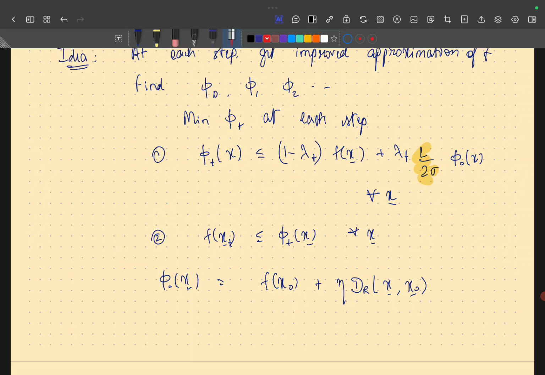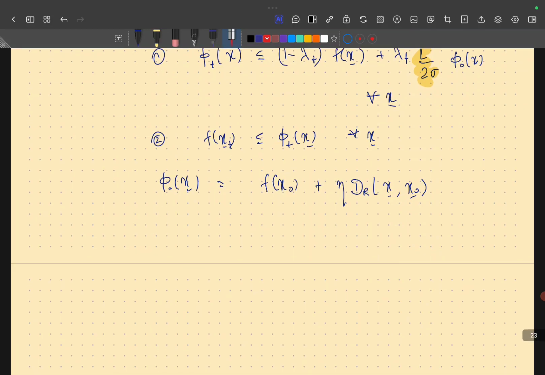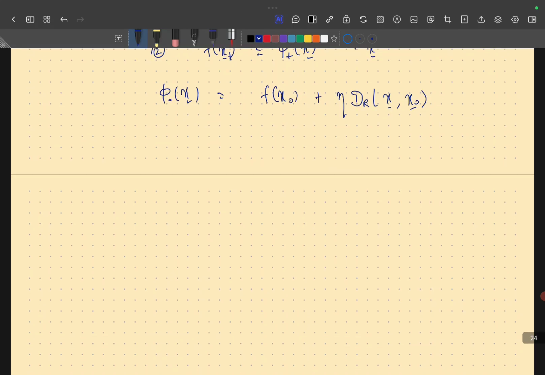In fact, I'll give you something like an explicit form of how you choose phi t, but how I came up with that particular choice is not going to be clear. And why it satisfies these properties, I'm not going to prove. So I can give you that directly right now.